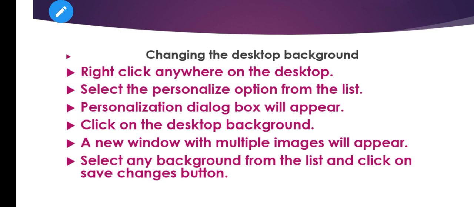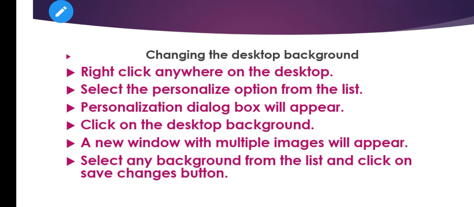If you want to change that image on the desktop, first you right click anywhere on the desktop, then you will get a list. Click on the Personalize option from that list. Then you will get a dialog box, the personalization dialog box.